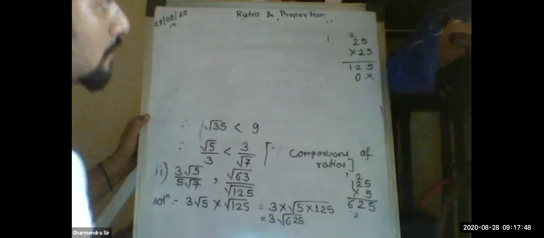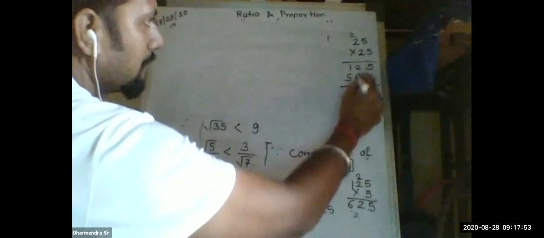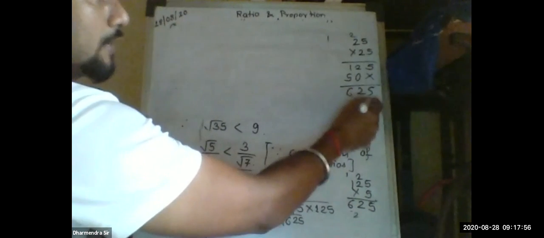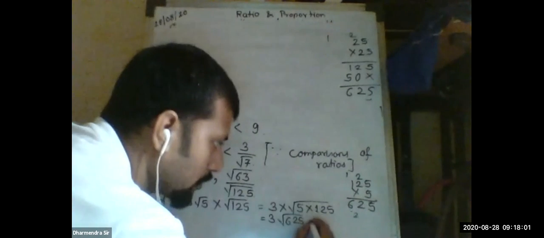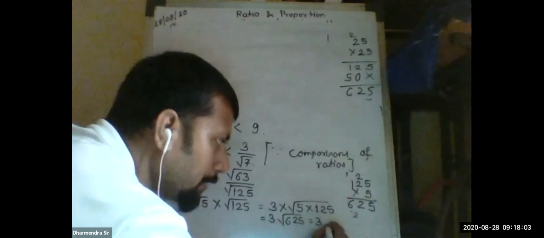So here 5 5s are 25, 5 twos are 10, 12. 2 fives are 10, plus 1, that is 5, this is 2, 6. So I can write 625 as 25 into 25. So 3 into root of 25 into 25.